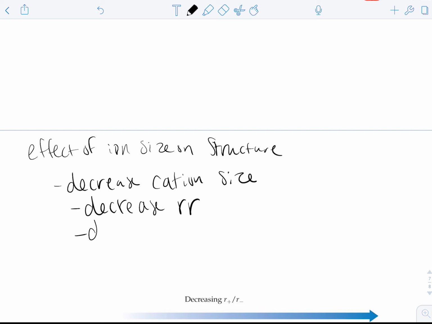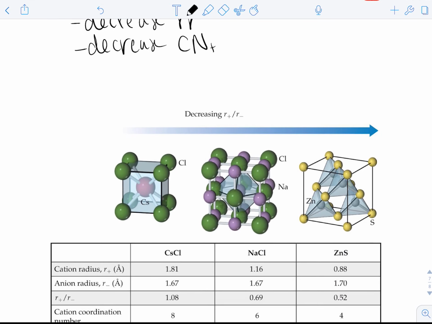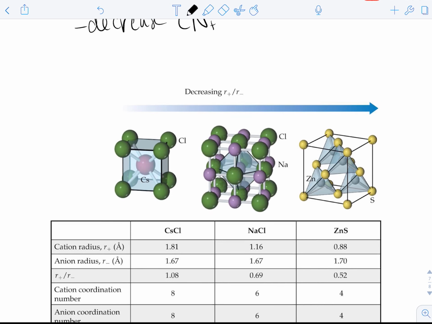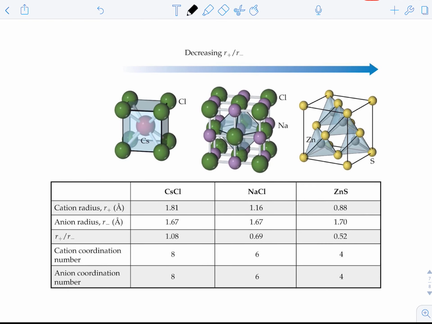And we're going to decrease our coordination number. So here are 3 examples: cesium chloride, sodium chloride, and zinc sulfide. Here we are decreasing our cation radius, and as such we're decreasing our radius ratio. The anions are basically the same in size, and we get a cation coordination number that also decreases.